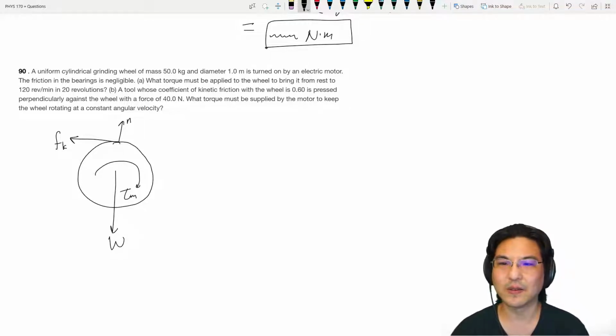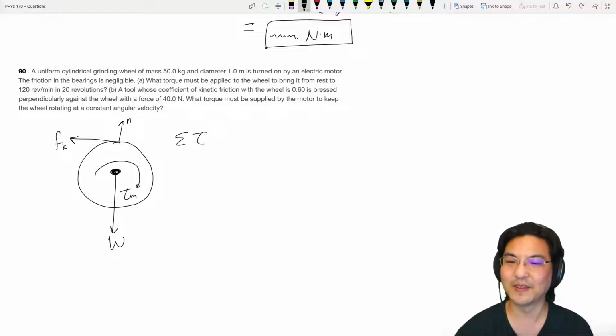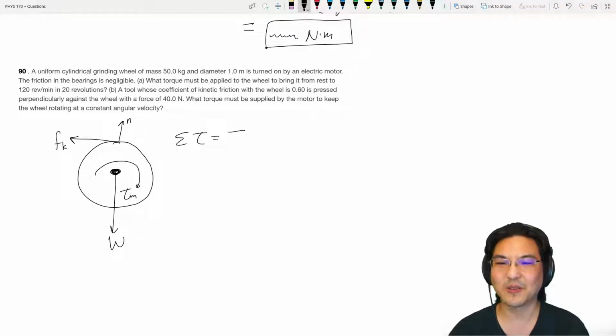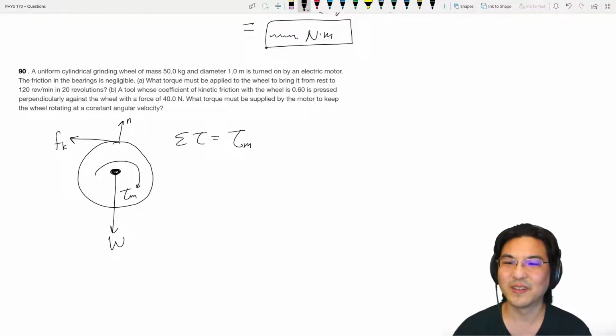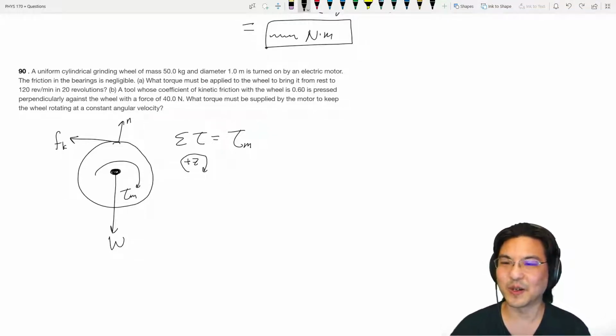Okay, so let's sum torque about the axis of rotation. The weight doesn't provide any torque about the axis of rotation. So sum torque, torque from the electric motor, let's call clockwise positive. So this would be positive. But then the torque from the normal force would be 0 because it's aligned with this axis of rotation, so it doesn't provide any torque about this axis.